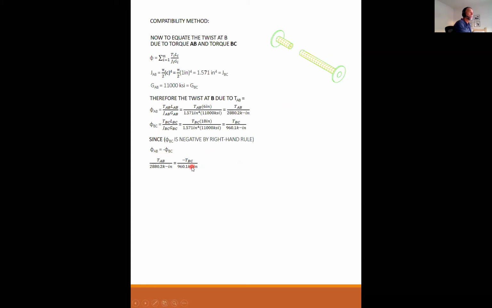So that goes here with the negative sign. Now I've got this relationship between these two. And the torque in AB is equal to -3 times the torque of BC. That's just this over that. Anyway, simplifying this, I get that TAB is equal to -3 times the torque of BC.